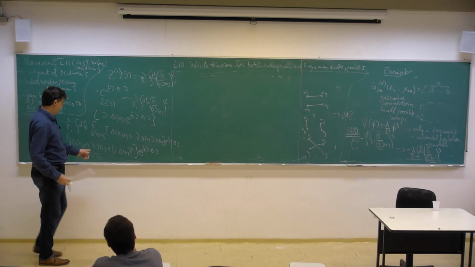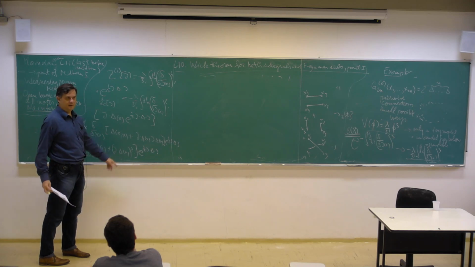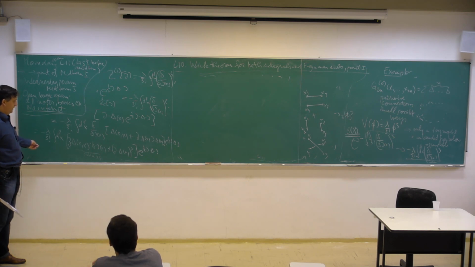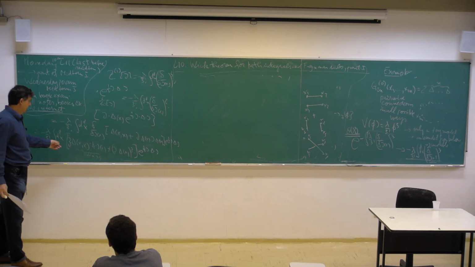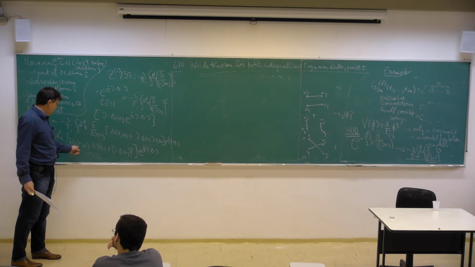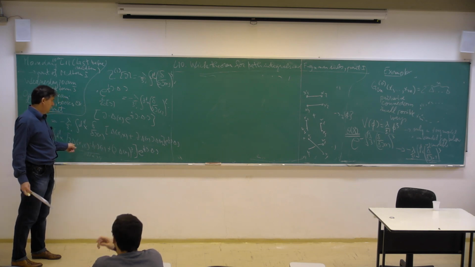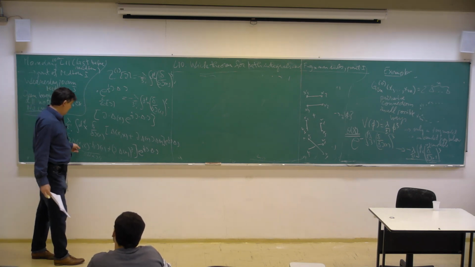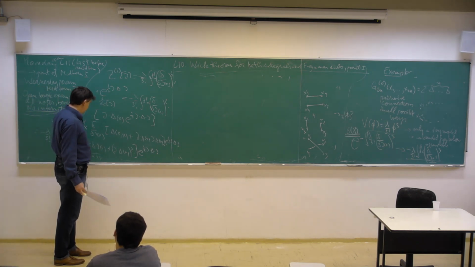I have a term with 1 j and a term with 3 j's. So now the same argument as before. If I take only one j derivative, I get this non-zero term. So I get something non-zero. But if I take 2 j derivatives, I get nothing. So this vanishes.